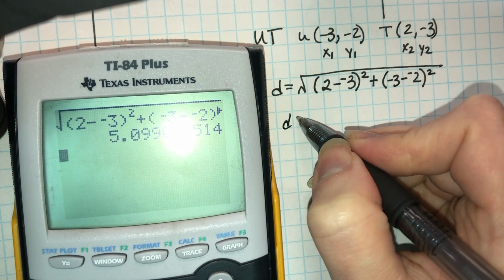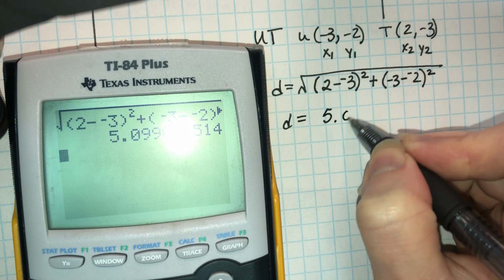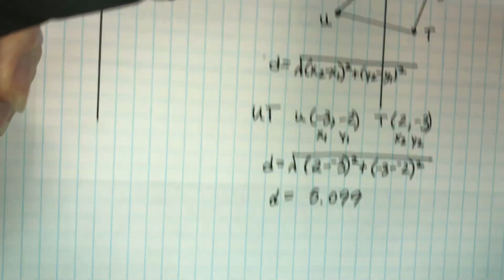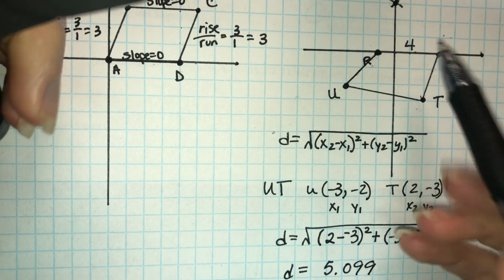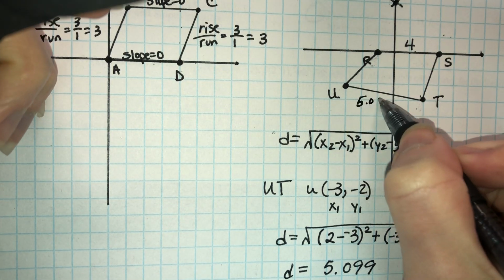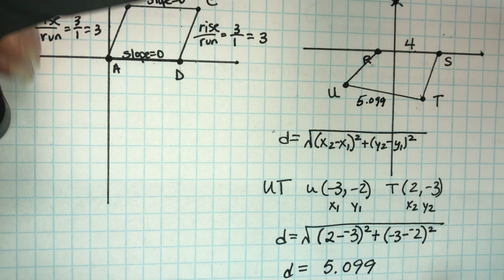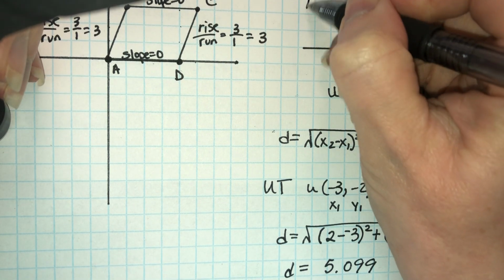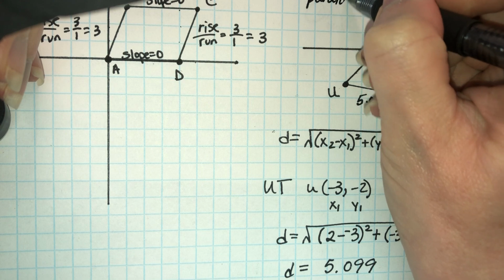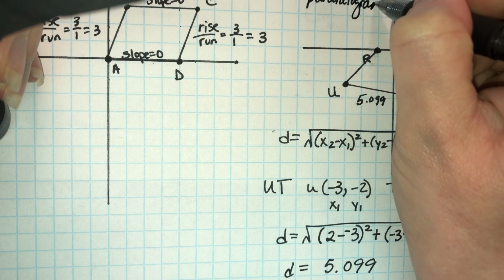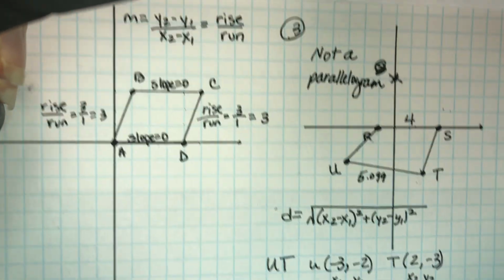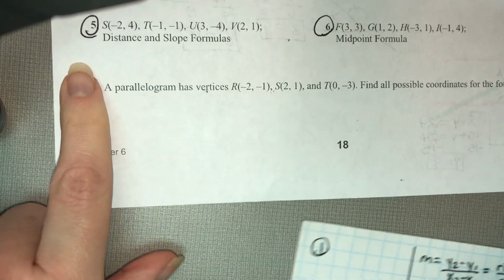And so this distance is equal to 5.099. Is 5.099 the same thing as 4 that we got for the top? I don't think so. So since they are not the same, this one is not a parallelogram.